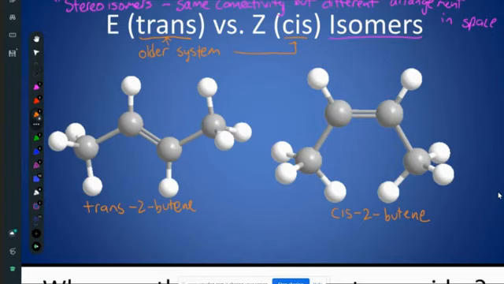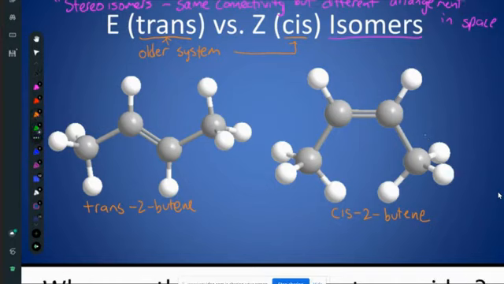When you get to more complicated molecules, where it's not obvious what you mean by cis and trans, because really trans means the two similar things are on opposite sides. Cis means the two similar groups are on the same side. But what if we had a bunch of different groups here? We needed a more complicated, a more all-encompassing system. And that became the E and Z system.